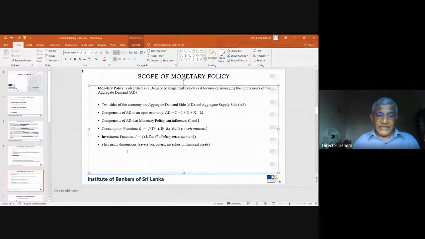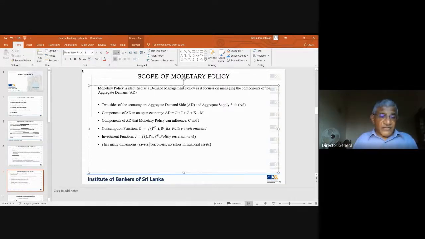So the interest rate for savers is different from the interest rate for borrowers. That is again different from the interest rate related to financial assets. So likewise, there are different dimensions. The question is then how can the central bank influence these different dimensions associated with the interest rate?